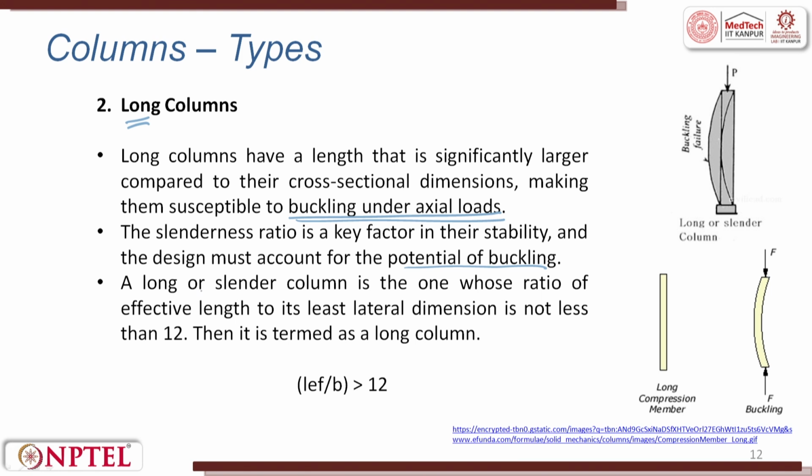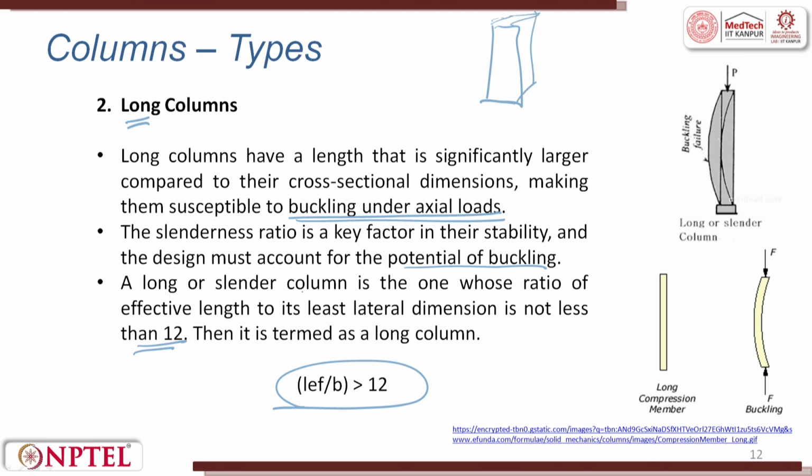A long or slender column is the one whose ratio of effective length to its least lateral dimension is not less than 12. Then it is referred to as a long column. So, what are we talking about? This is the length. We are talking about the dimension here.